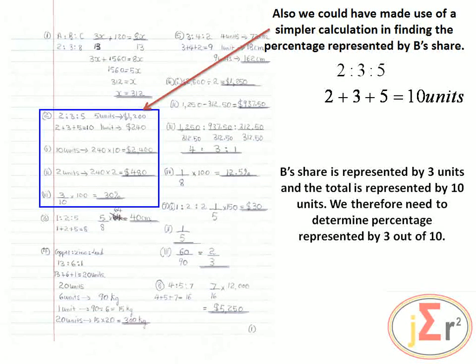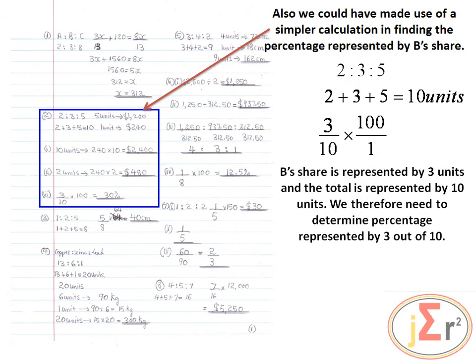B's share is represented by 3 units, and the total is represented by 10 units. We therefore need to determine the percentage represented by 3 out of 10. That is B's share. B is the one with the 3, and the total is 10.